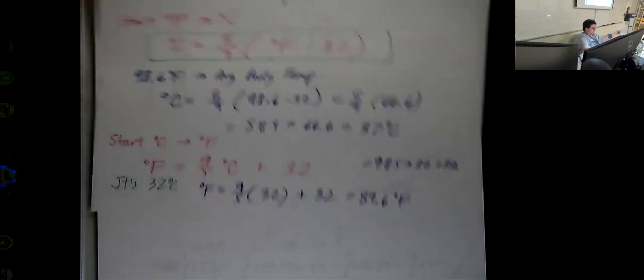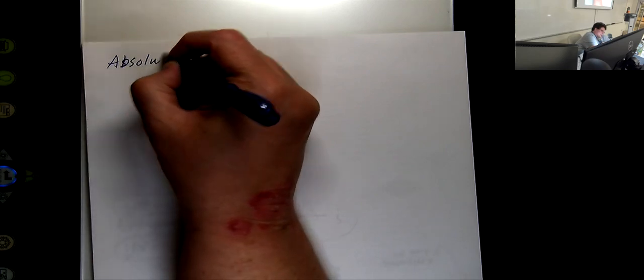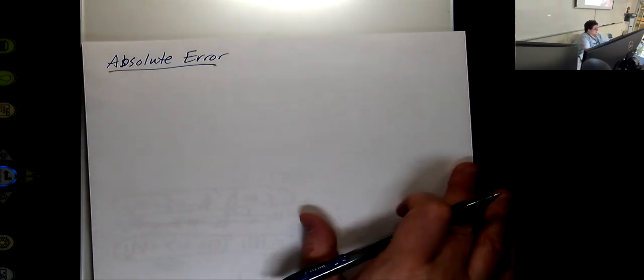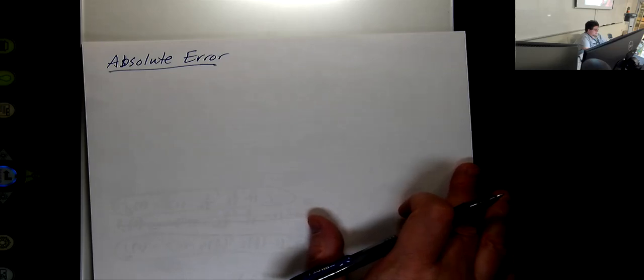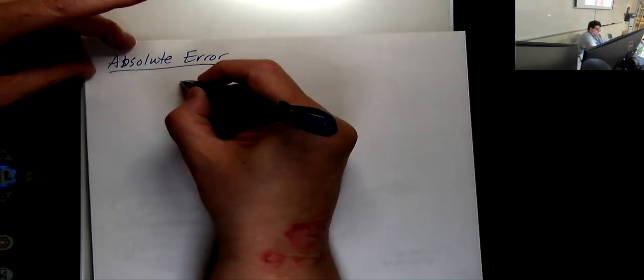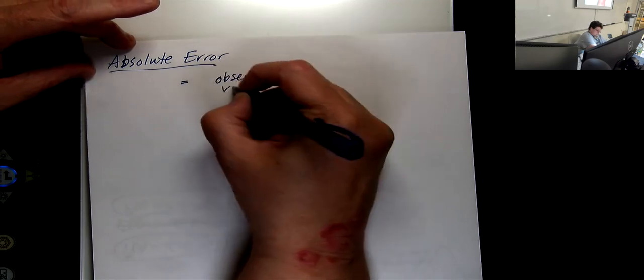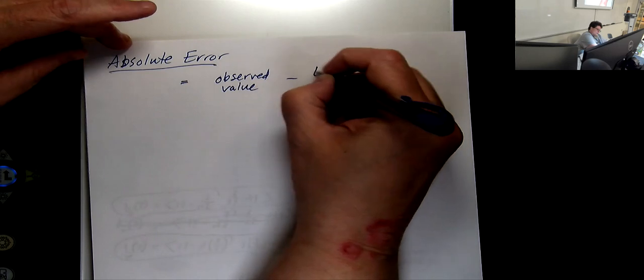All right, other stuff in this chapter is we've got absolute error versus relative error. So what we're going to do is we take the observed value or the measured value and we subtract the true value.